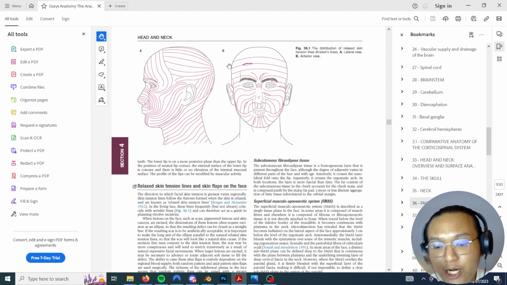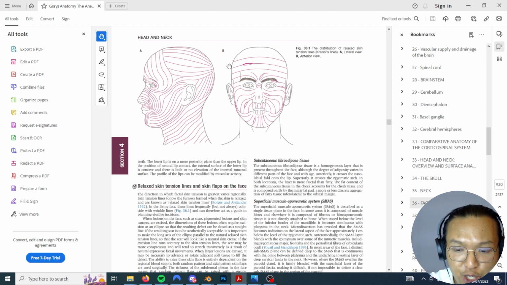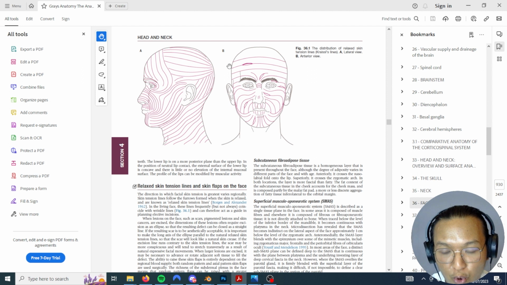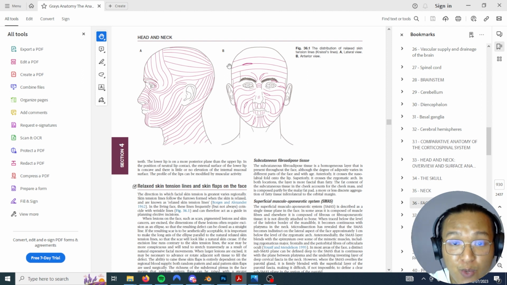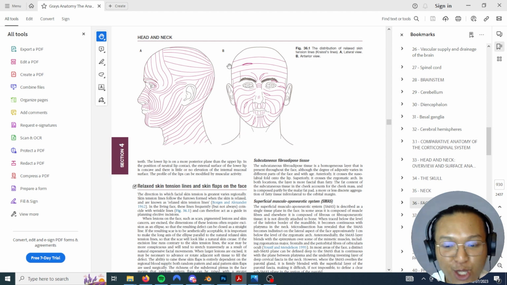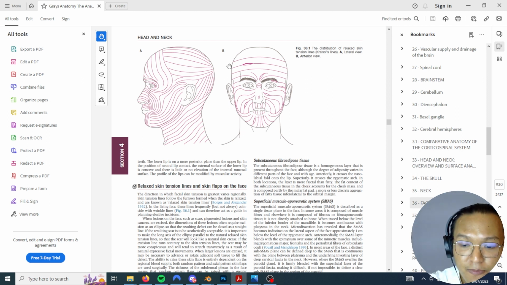Now we're going to dig deeper into the rest of the head. You will notice that we will focus a little bit more on the face first because that's where the more complex actions will happen. Later on, we will tie the loose ends on the rest of the head.